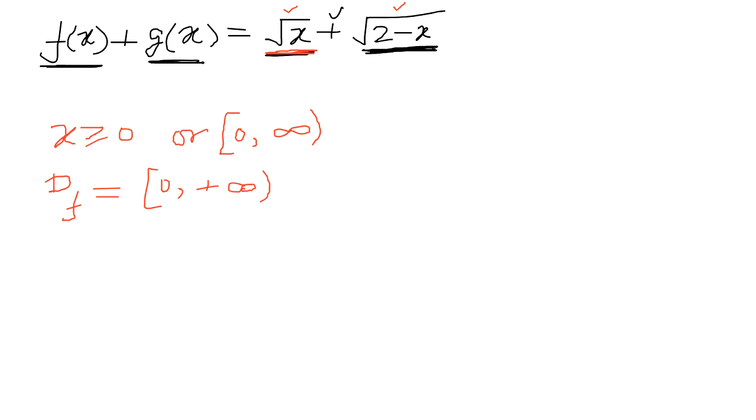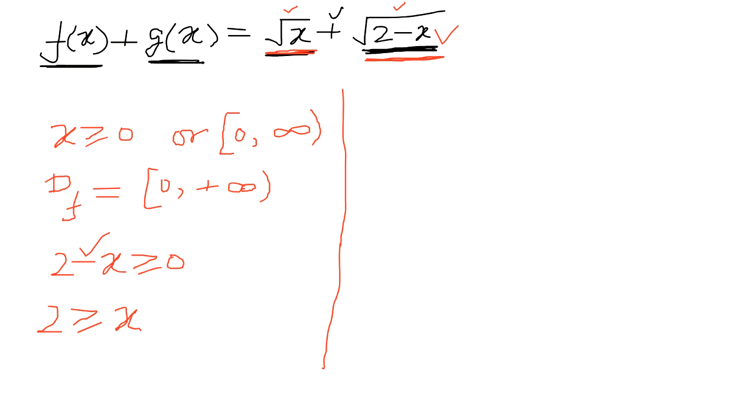Okay. Now come over here: √(2 − x). Here we have 2 − x. Same rule: it must be greater than or equal to zero. I told you last lecture, if a root exists, what is the rule? Take what is under the root and set it greater than or equal to zero. So 2 − x ≥ 0, which means x ≤ 2.